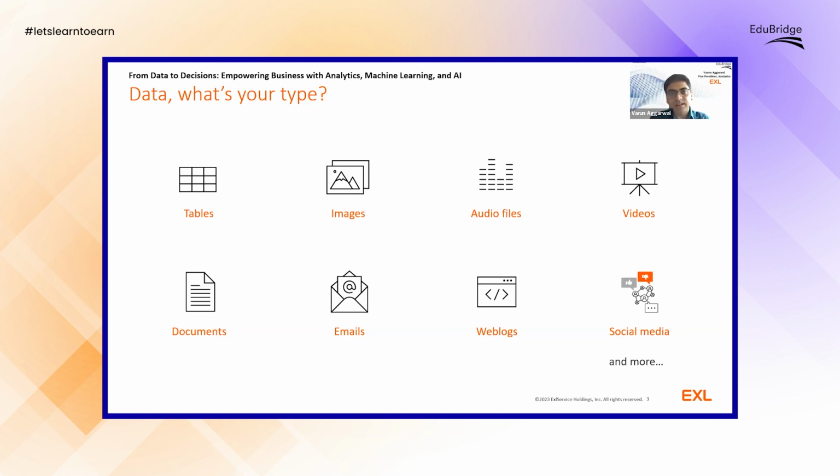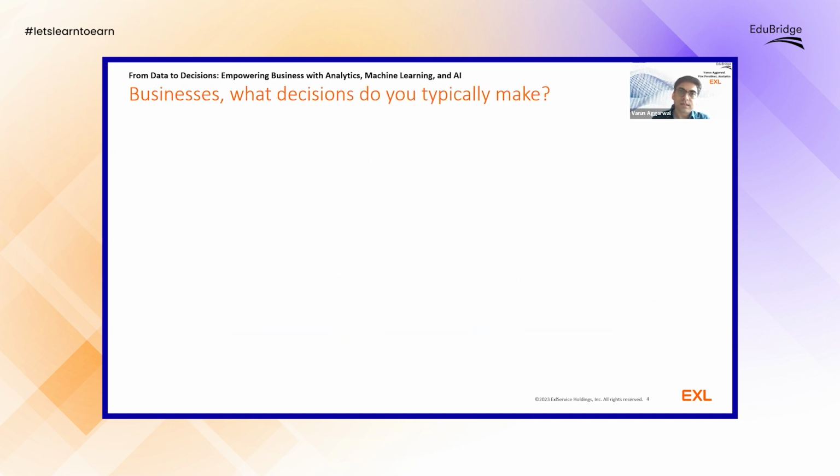So with that, now let's try to understand what kind of decisions the businesses are supposed to make. And by the way, that is all dependent on what objectives these businesses have. These businesses can vary from industry to industry, and it need not be specific to one particular domain. I'm just trying to call out first of all the key objectives that a business is supposed to meet, and accordingly the decisions are made.